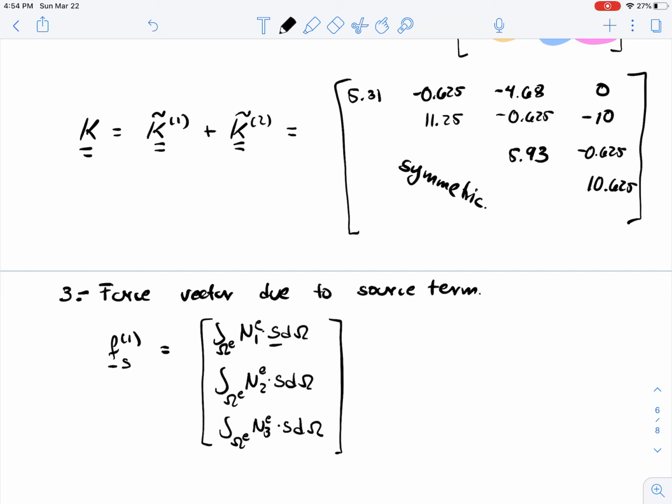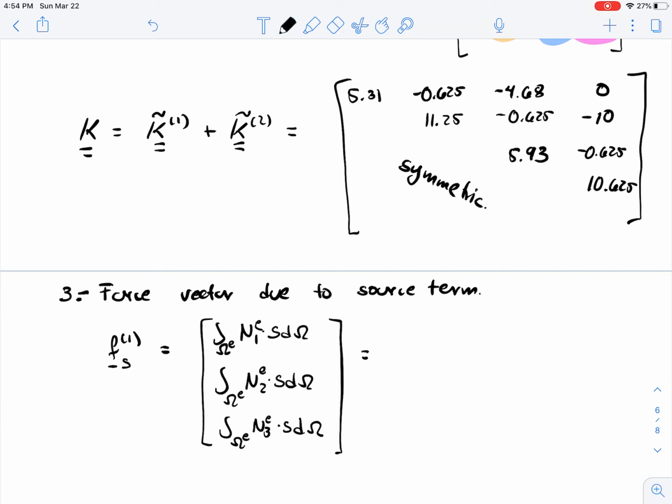If, for example, the source term is some nonlinear function, then you have to do the integral, and doing the integral in the xy space is a little bit complicated. So instead, you would have to use the isoparametric map and define the parent domain triangle with xi-eta coordinates. But we're not going to do that because the source term is a constant.